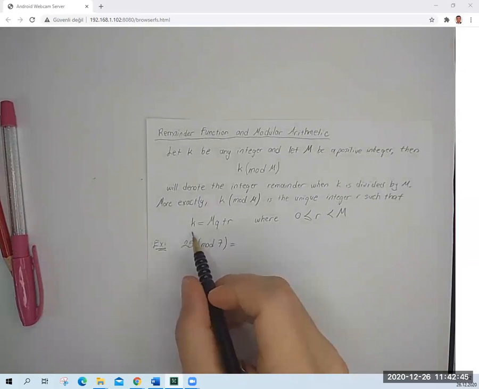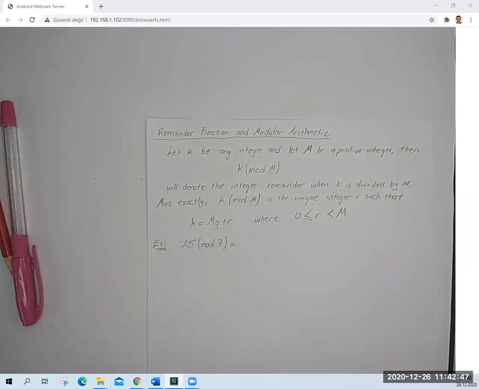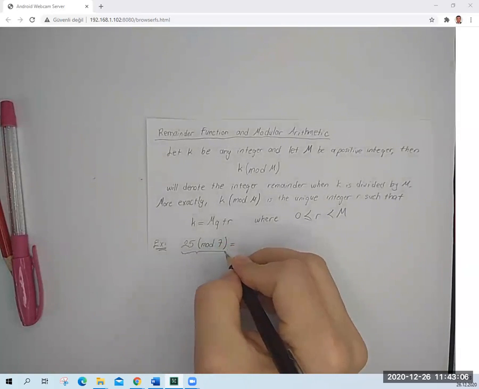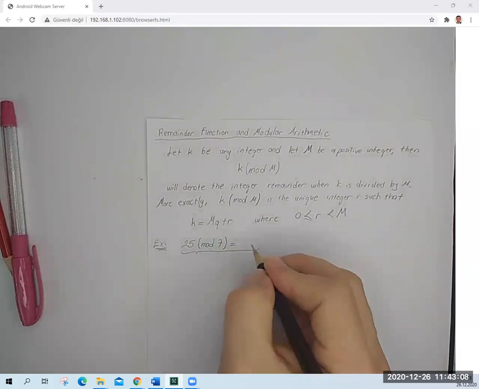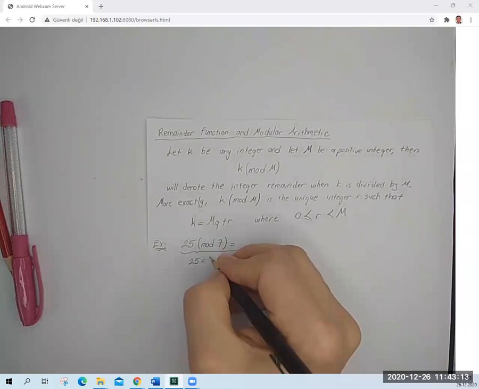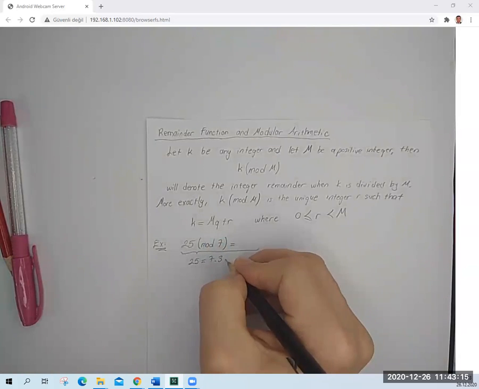According to that equality, 25 is equal to 7 times 3 plus 4.